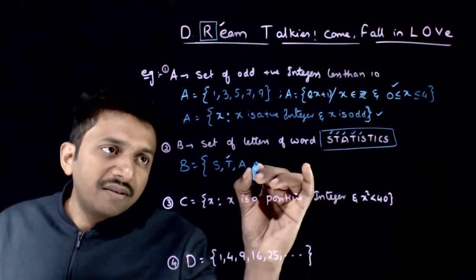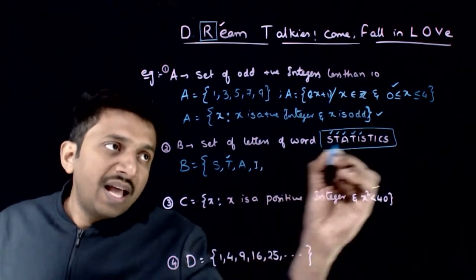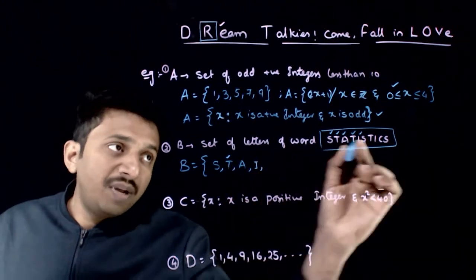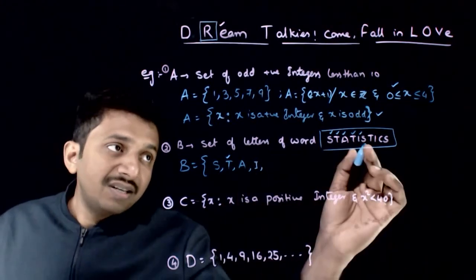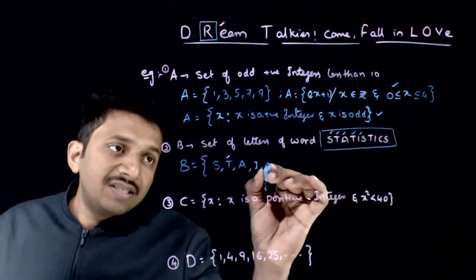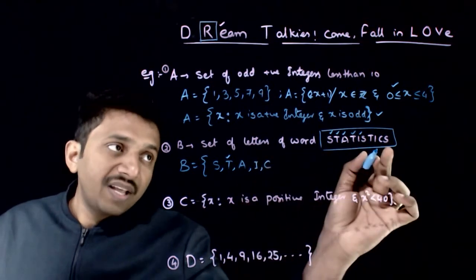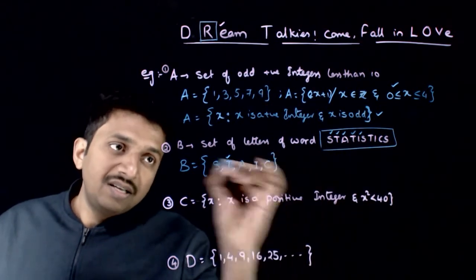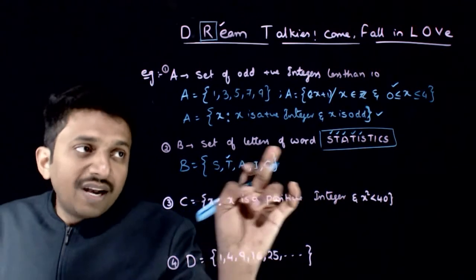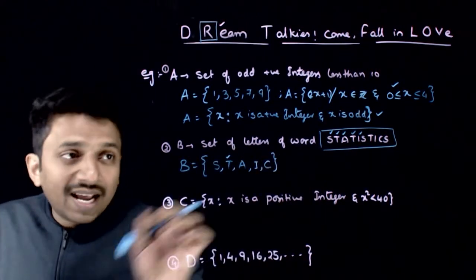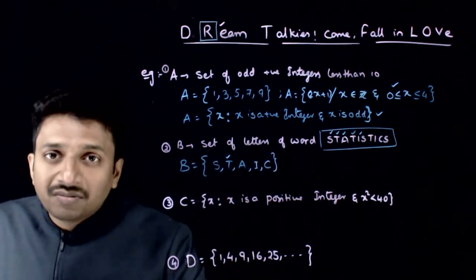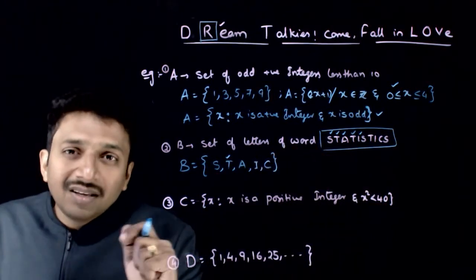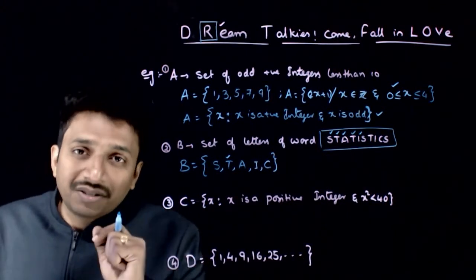So you have an I, and next you have an S which has already been listed, T is already listed, I is again already listed, C is not listed, and S is already listed. So the set of letters of the word statistics contains only 5 elements. That means the word statistics is formed only by 5 letters.